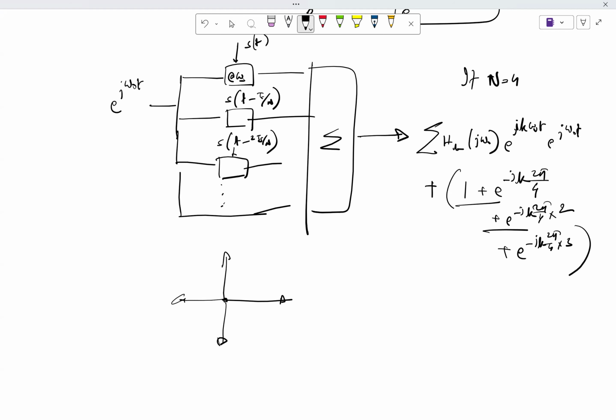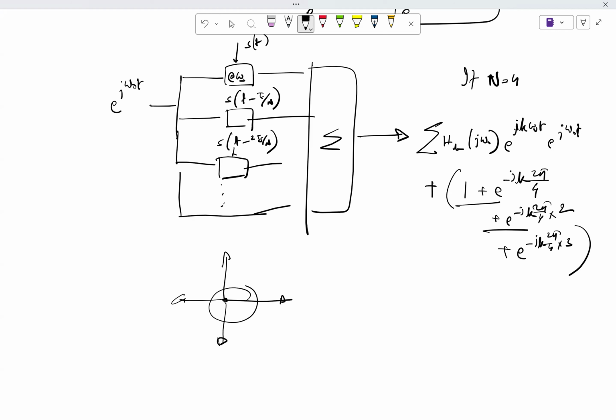For k equal to 0, all these phasors line up. Correct? You get 1 plus 1 plus 1 plus 1. For k equal to 1, what do you see? You essentially get this, so your output will go to 0. Similarly, for k equal to 2, 0. k equal to 3, 0. k equal to 4, again you are going to get 1 plus 1 plus 1 plus 1, right?